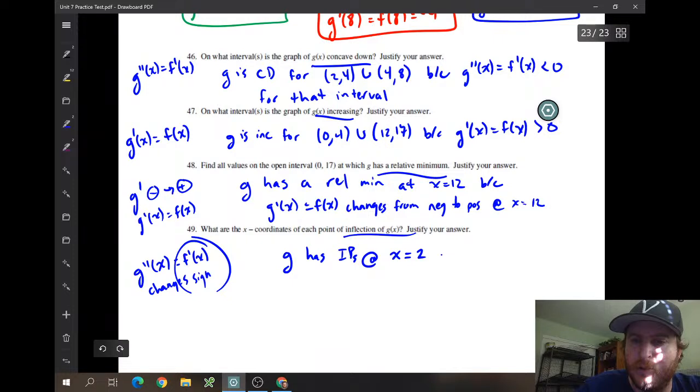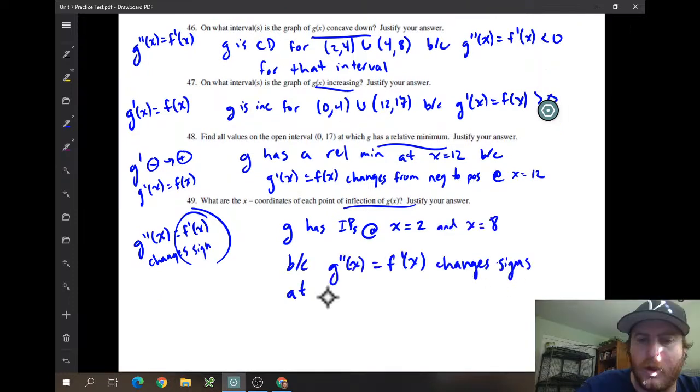Brandon asked about whether we should write it in interval notation or with an inequality sign. And the answer is whatever you prefer. So if you would rather write 0, 4 union 12, 17, you'll get full credit.